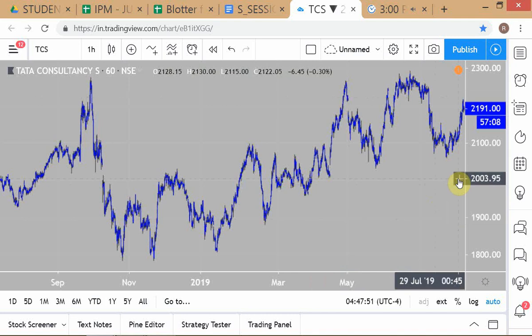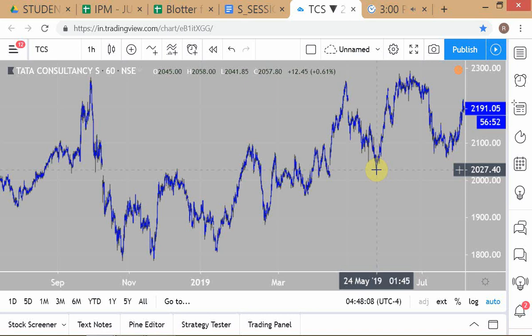Like here, if I'm placing this stop on TCS, I will read off the actual low over here. And if the low is 2027, then I will place it at 2026.95. Are you following?